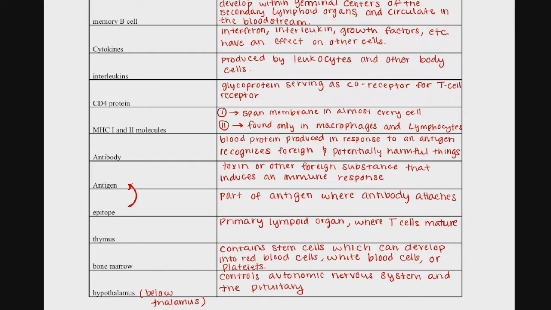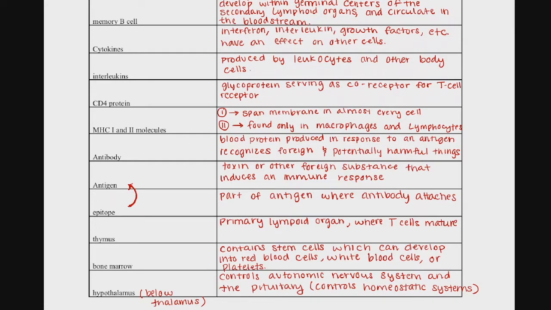And what this does is it controls thirst, hunger, and other homeostatic systems. So I'm just going to write controls homeostatic systems. We talked about how the medulla controls our respiration rate, so we can think about this in terms of sleep, emotional activity, hunger, thirst. Things to maintain homeostasis within our bodies is what the hypothalamus does.